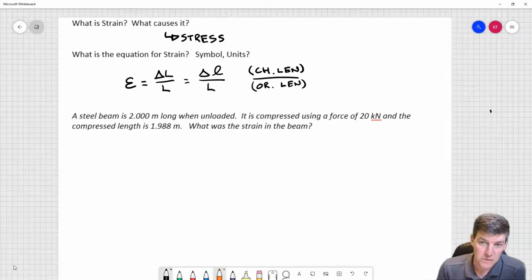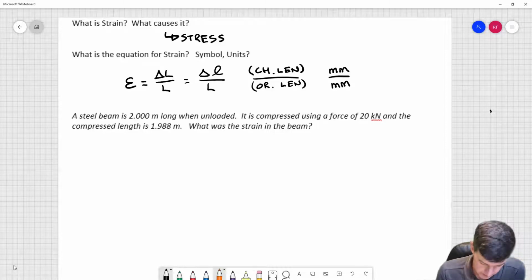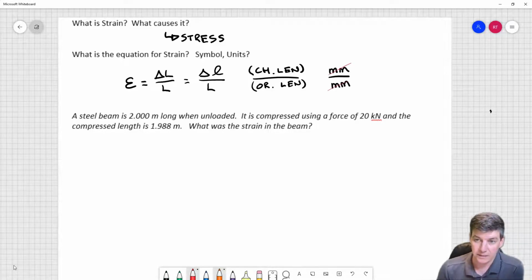And if we look at the units, we have a length divided by a length. So usually what happens is this is unitless. If we had millimeters and millimeters, those would likely cancel each other out and leave nothing. However, sometimes we'll leave that unit in strain. So we may say the strain was 0.004 millimeters per millimeter.